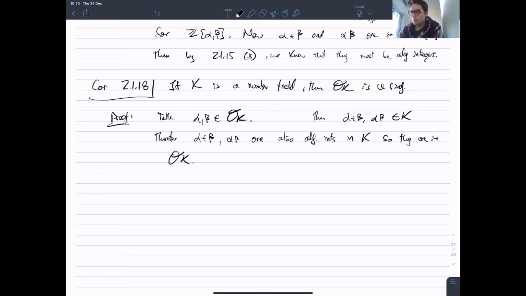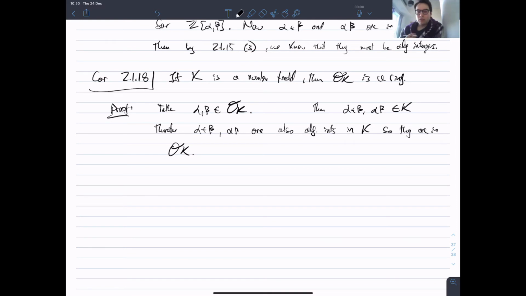But for now, let me just give you some more results on algebraic integers and how to spot them. So here's Proposition 2.1.19.